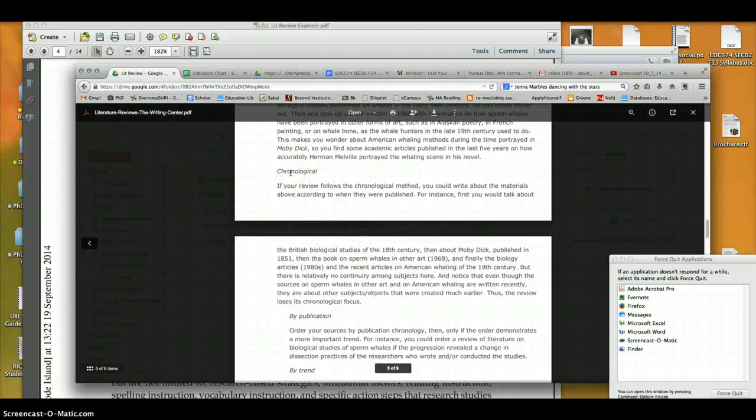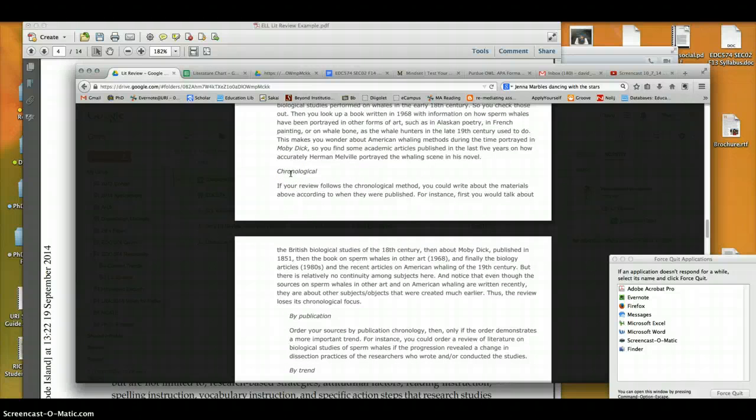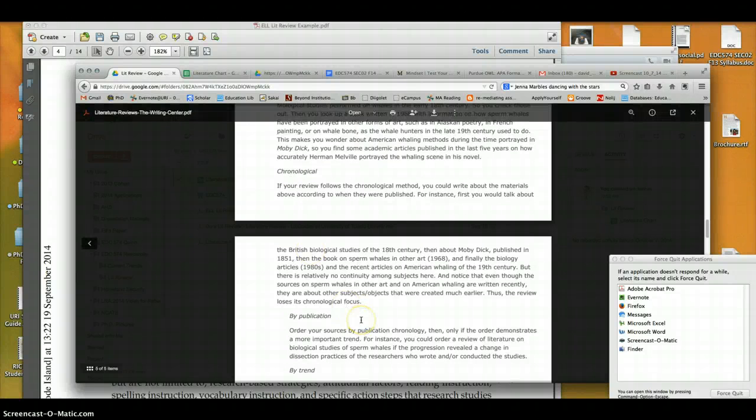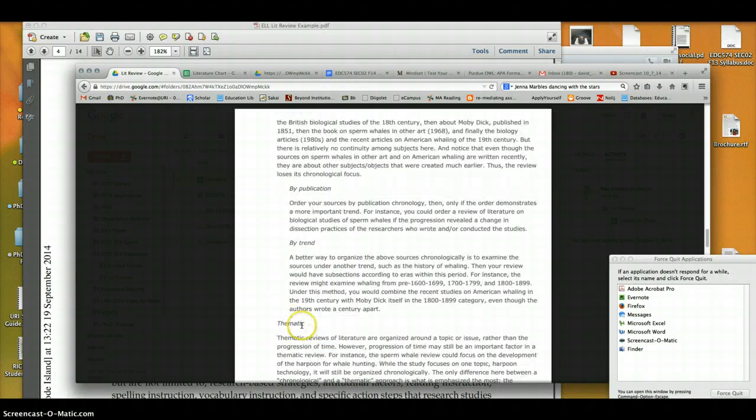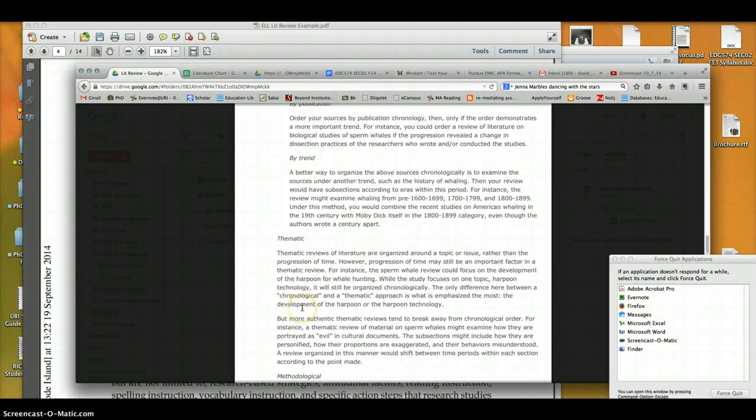And I thought that the UNC one gave some really cool kind of options. You can either go with a chronological, so how has the literature kind of evolved over time. You can go by publication or by trend. You can also go thematic, where you can talk about different approaches across the different pieces of literature that you can synthesize.